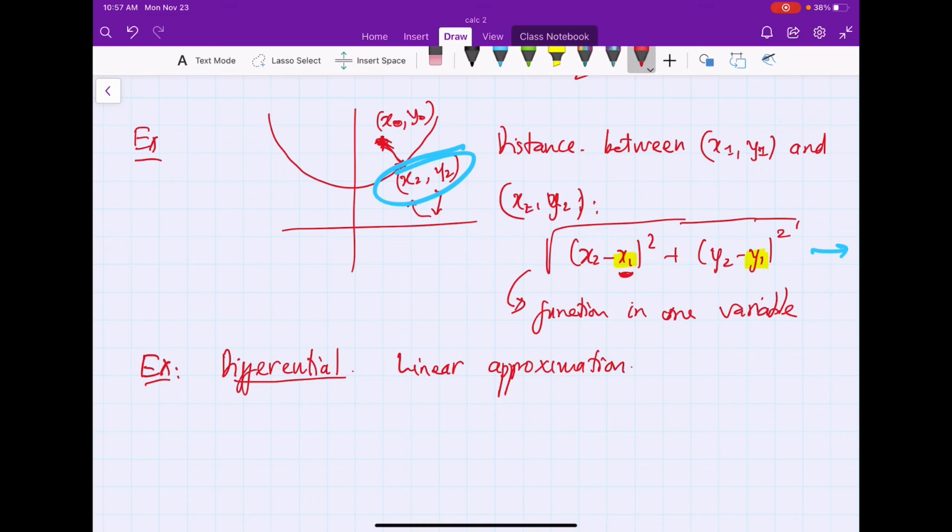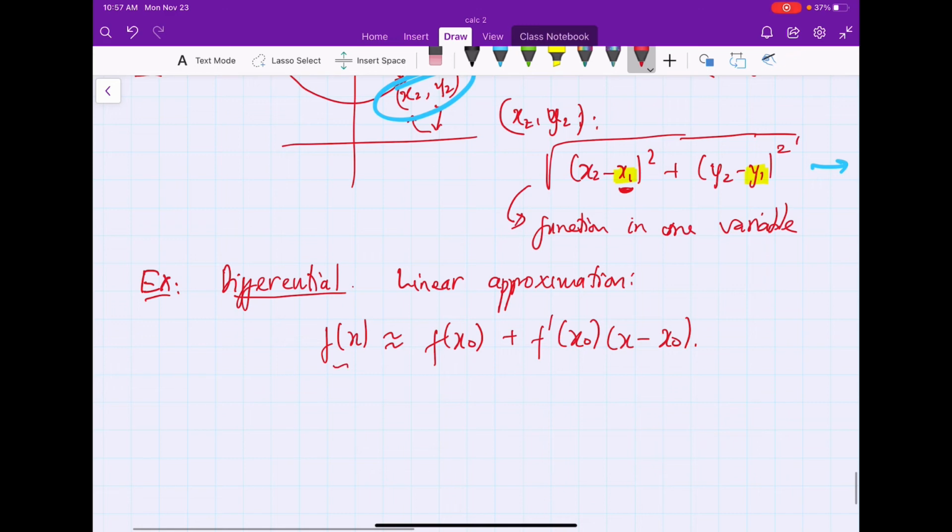So I can write: function f of x is approximately equal to f of x0 plus f derivative at x0 times x minus x0. You use this to approximate the function value. I really recommend you look at these problems again, because they will be one of the bonus questions, 10 points.